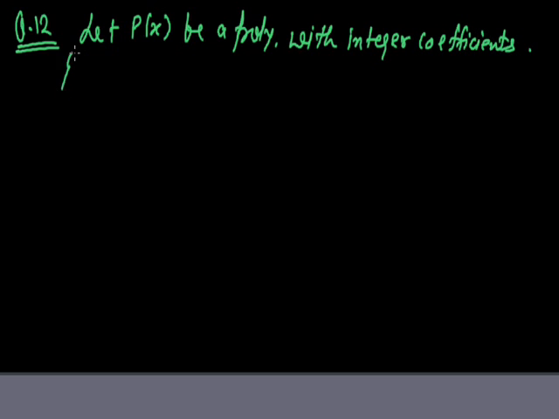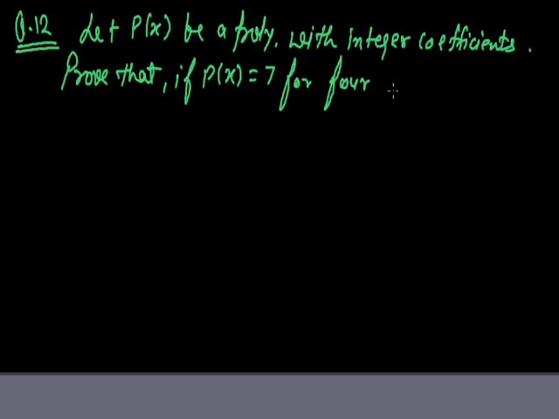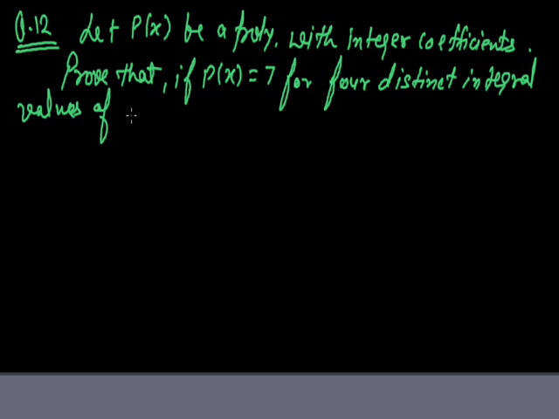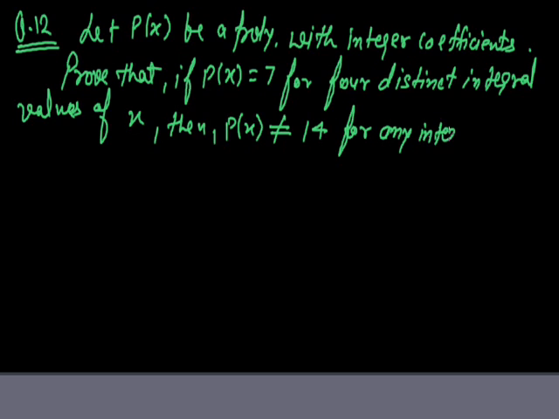Then prove that if p of x is equal to 7 for 4 distinct integral values of x, then p of x is not equal to 14 for any integral value of x. Let us have the solution of the given question.